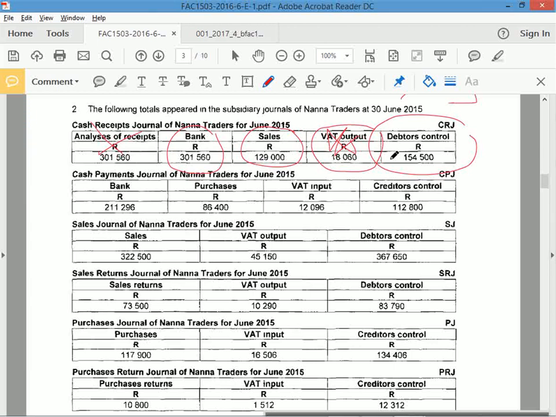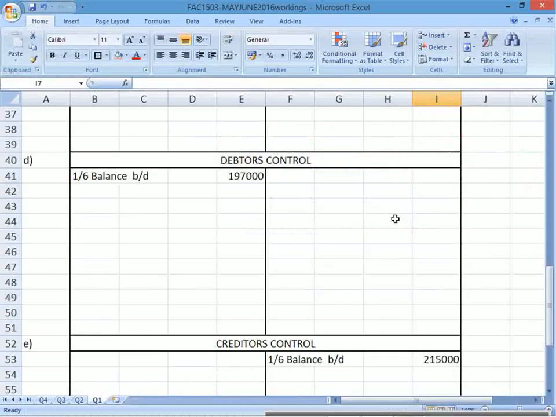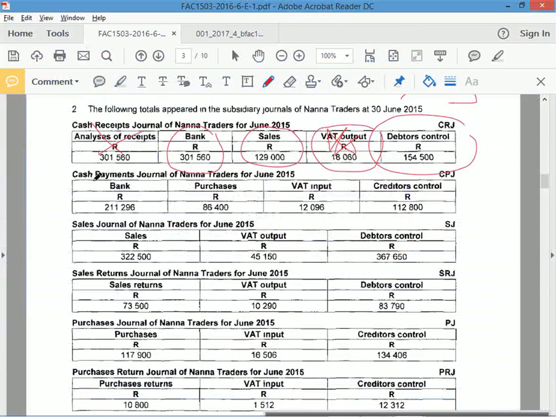When they pay you, your debtors are going to decrease. 154,500 will go on this side. Got that? Great.